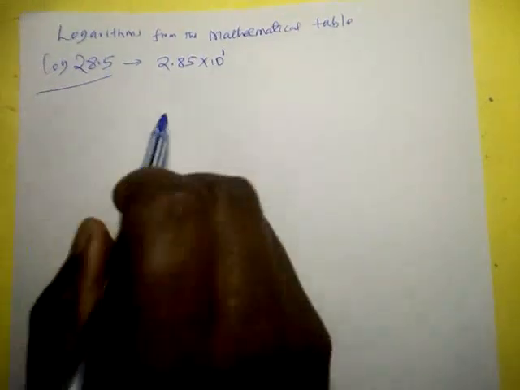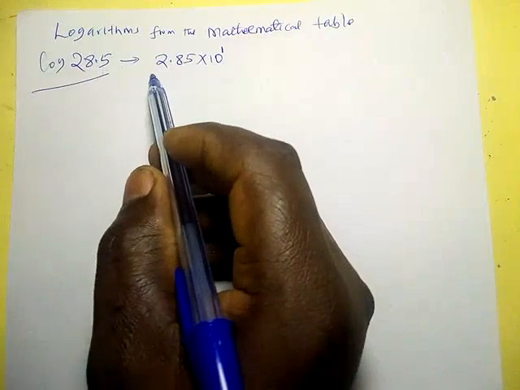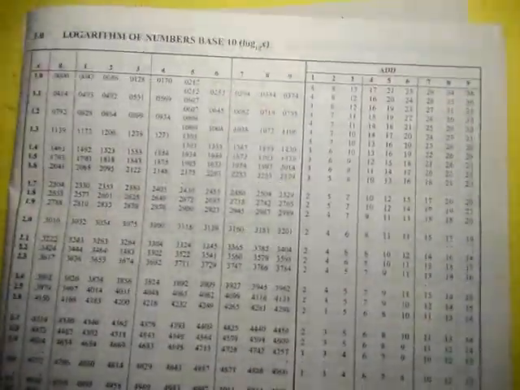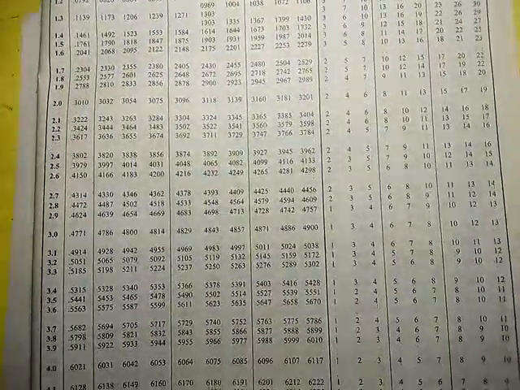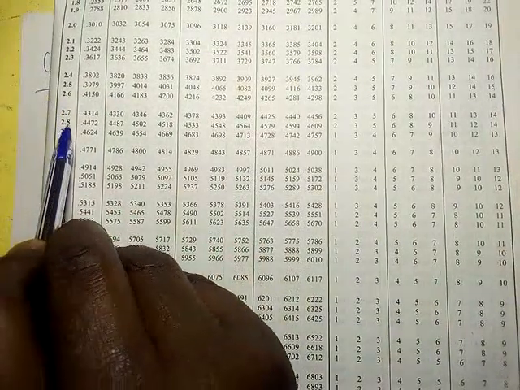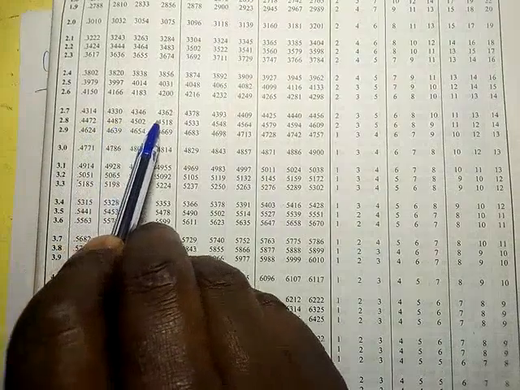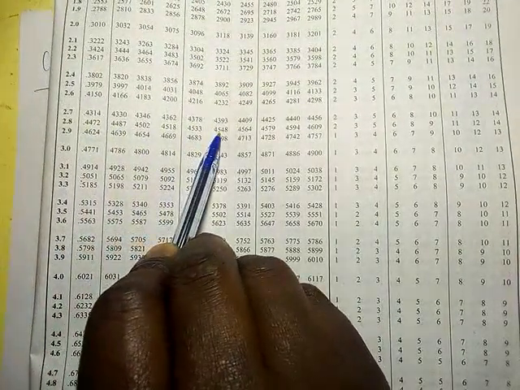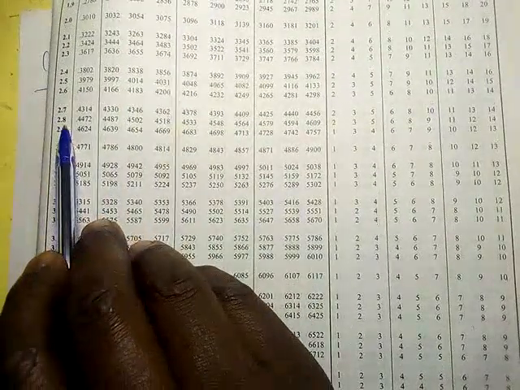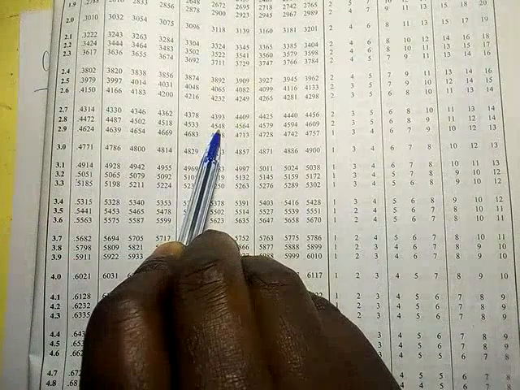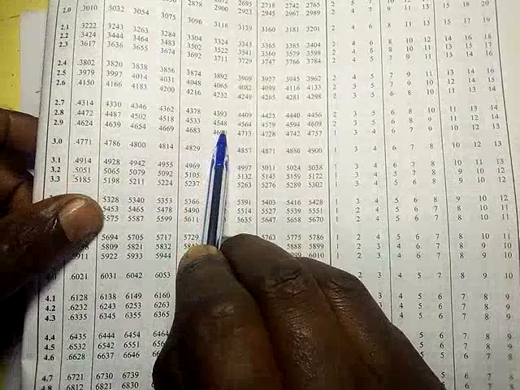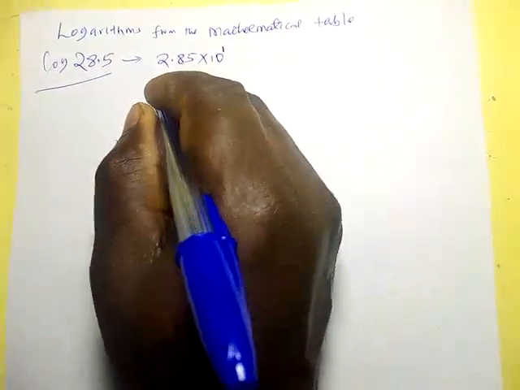Now go to our logarithm table and find the log of 2.85. 2 is here, 2.85, 0, 1, 2, 3, 4, 5 here. So the logarithm of 2.85 is 0.4548.